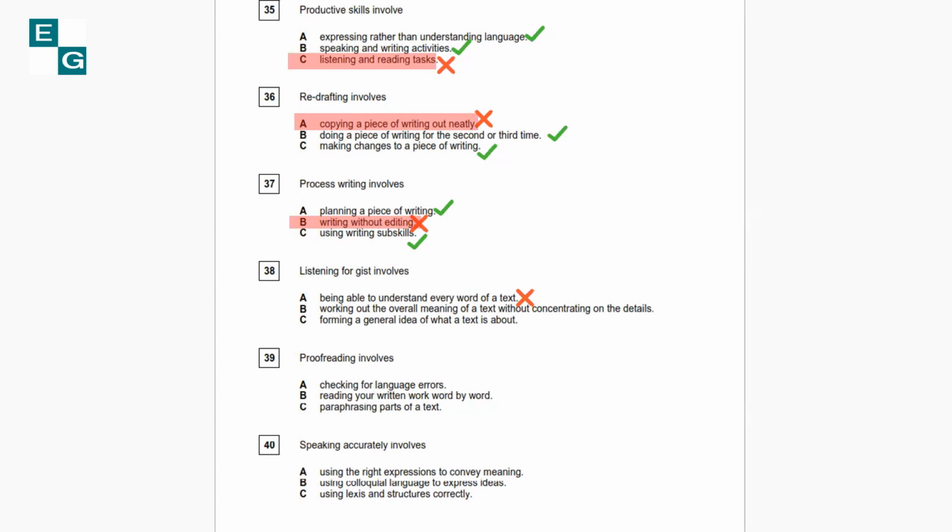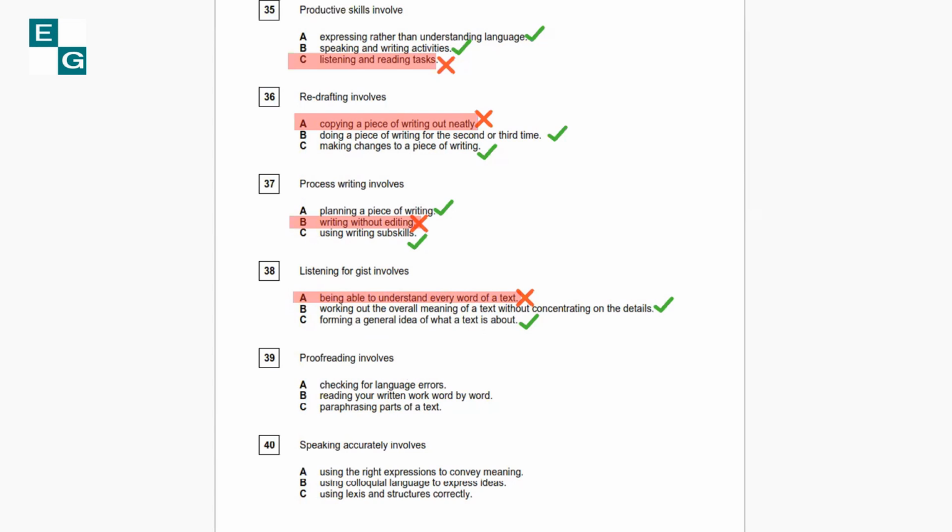But listening for gist involves working out the overall meaning of a text without concentrating on the details and forming a general idea of what the text is about. So the option we are looking for is option A, the one that does not get involved in the process of listening for gist.